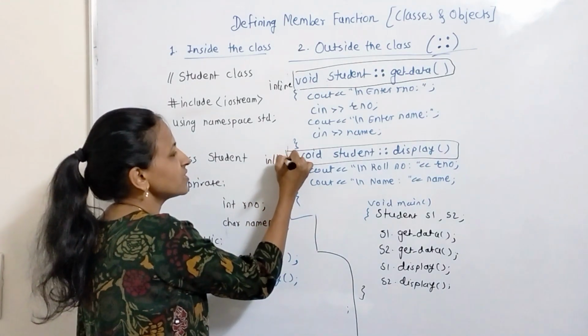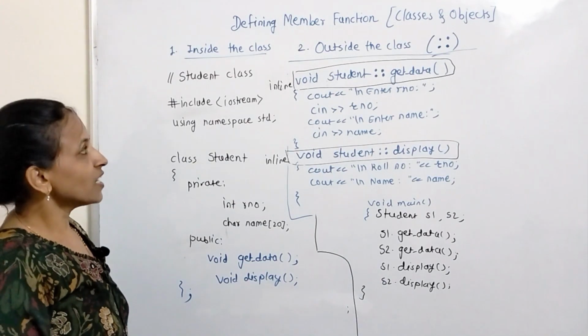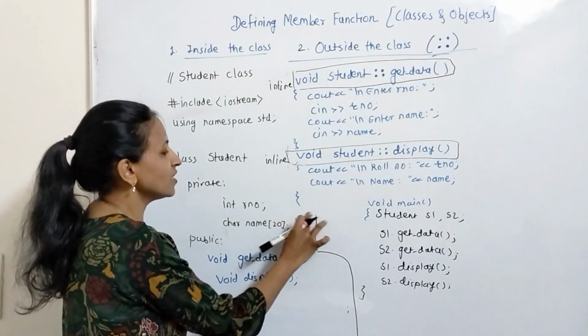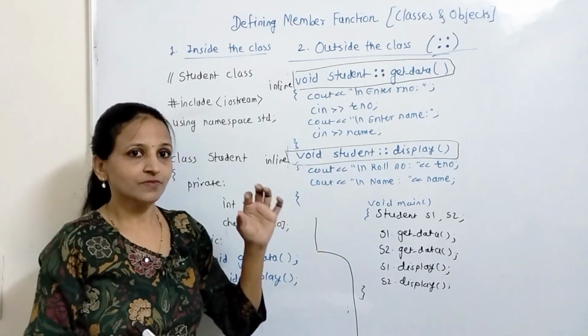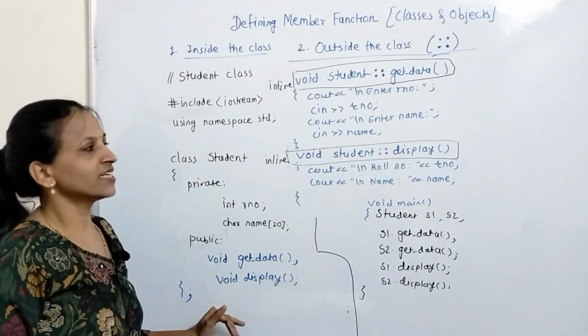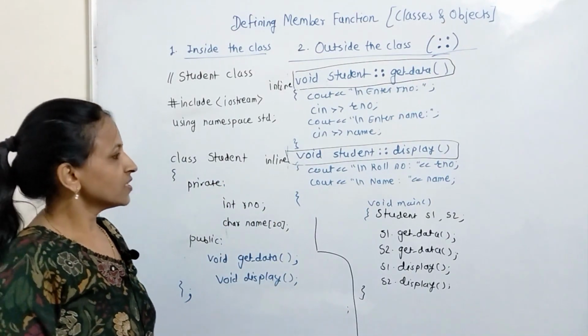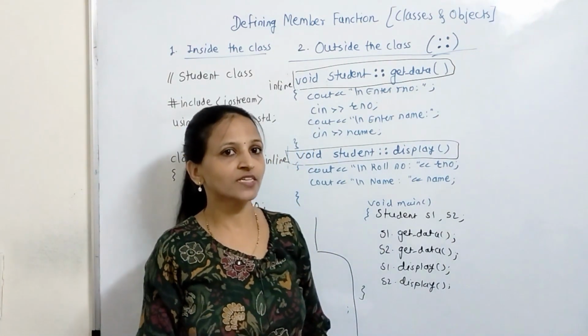Then those will be considered inline functions. So we can make outside functions inline with the help of the inline keyword, where we define the member functions outside and only declare them inside the class. This is all about how to define member functions inside the class and outside the class with the help of the scope resolution operator.